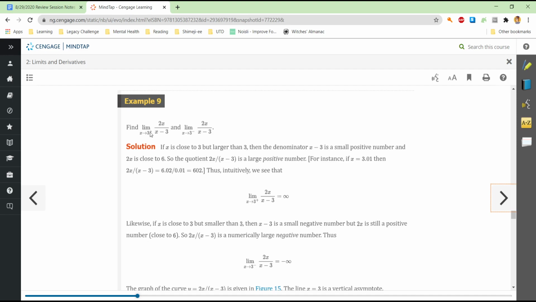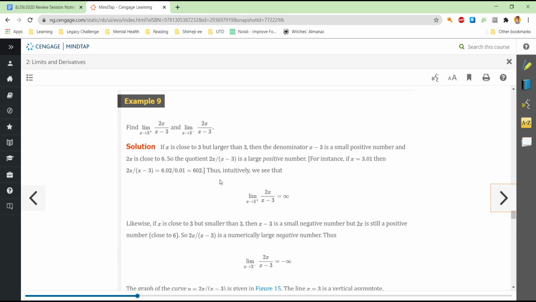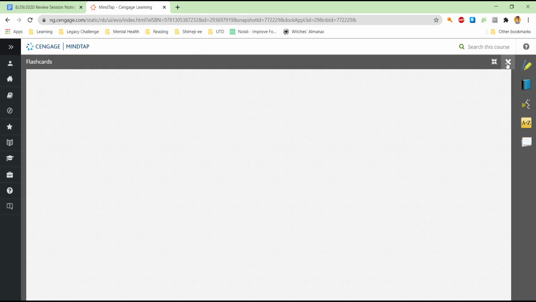The limit of this function right here from the right as x approaches 3, and the limit as x approaches 3 from the left of this function, right? So we can see, if we start doing it algebraically, we're going to see that from the right, it's going to become, excuse me, computer.